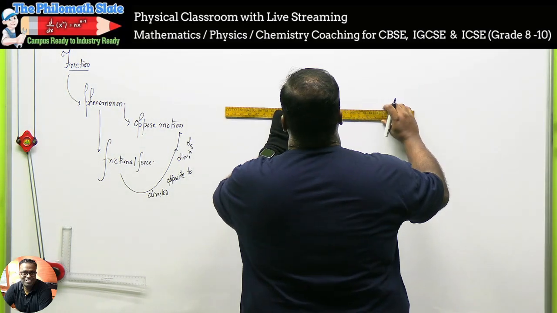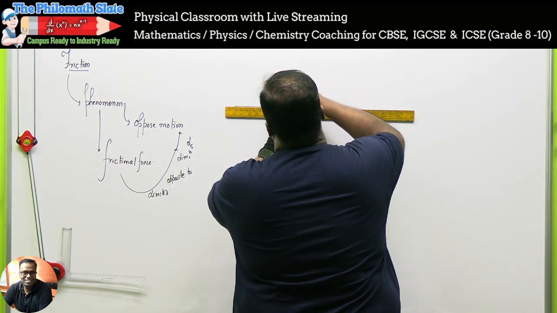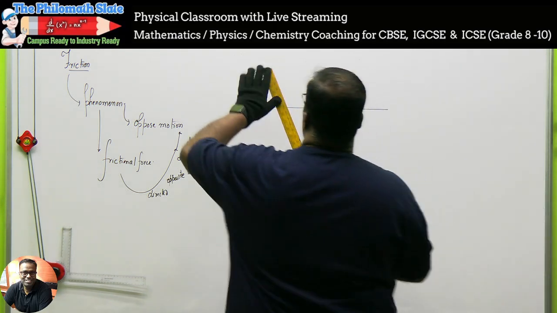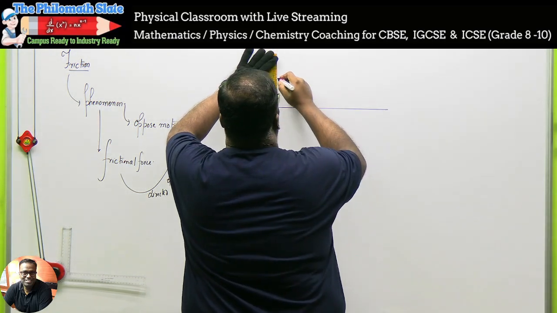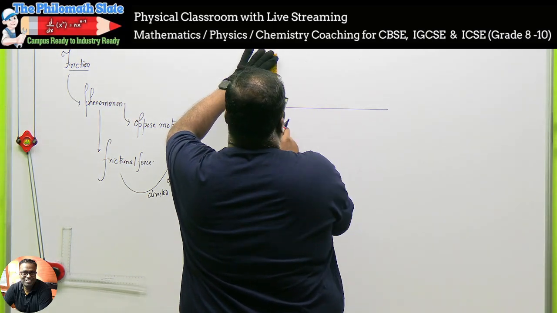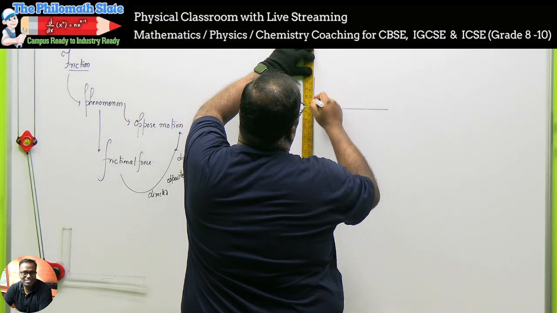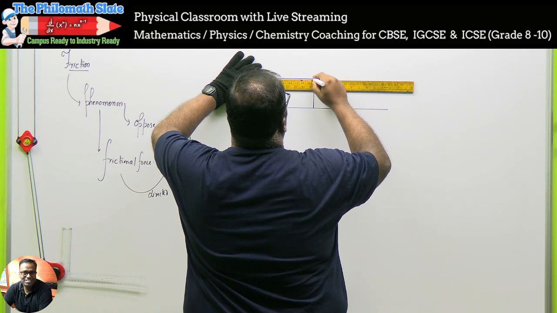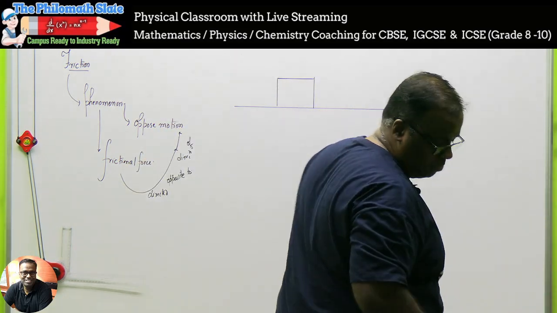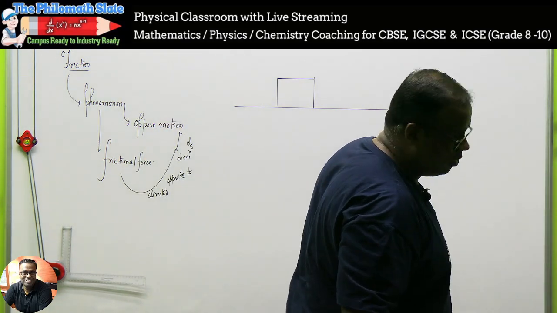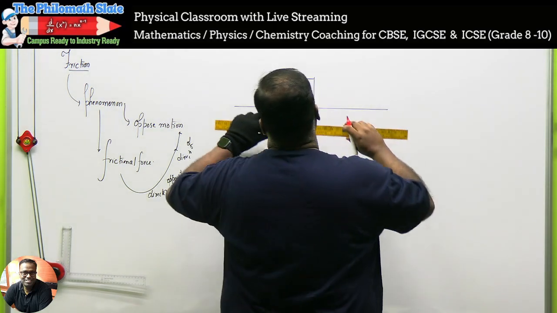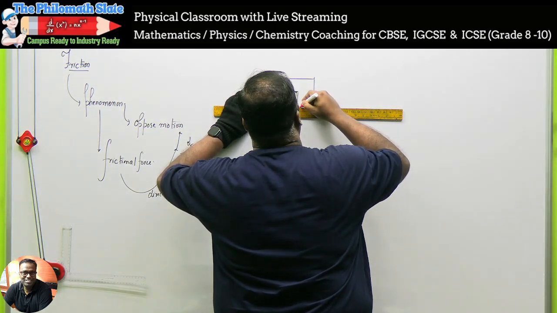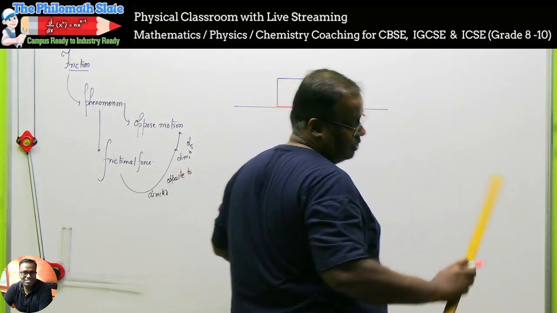So we say suppose, now let's say this is a surface. This is a surface or a tabletop, you can say, on which I have kept a body. Now, in order for friction to happen, there always has to be a contact between the two surfaces.